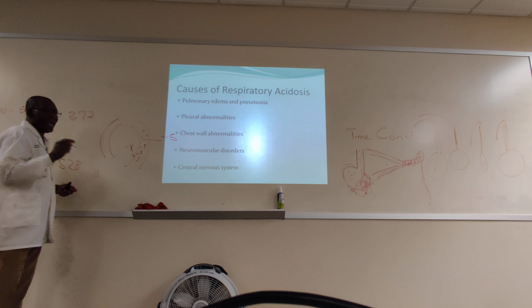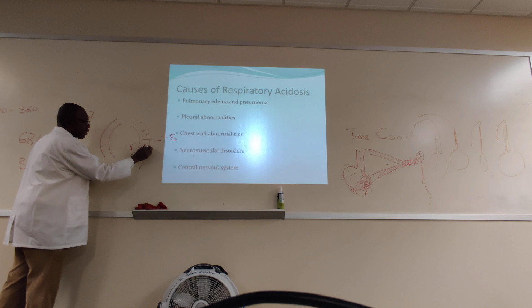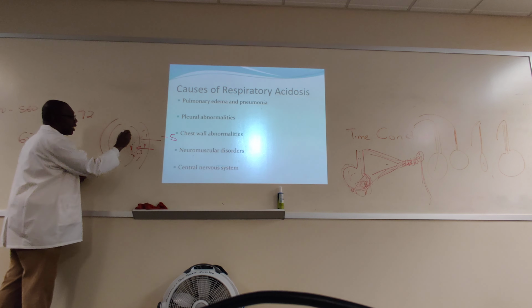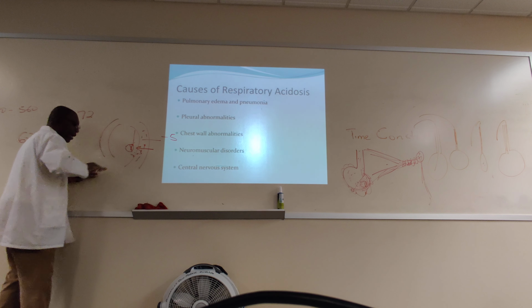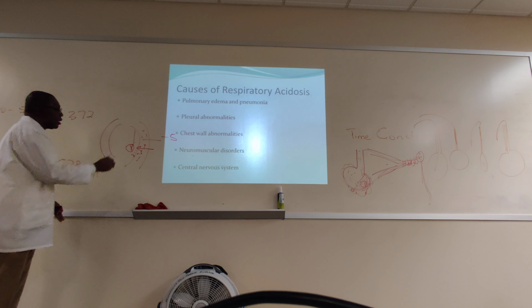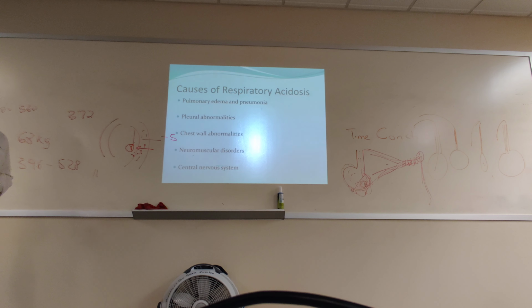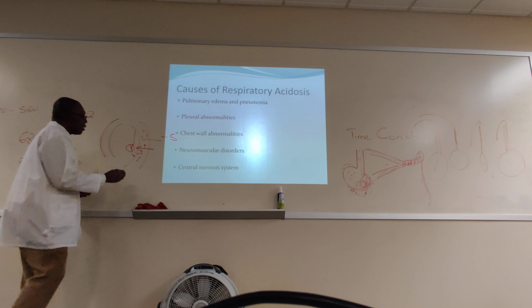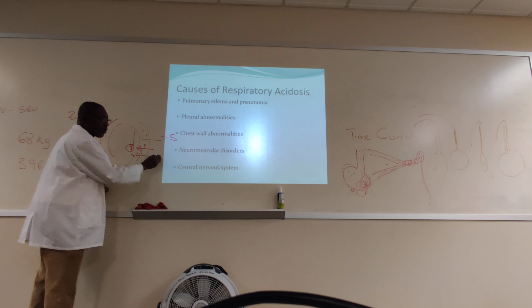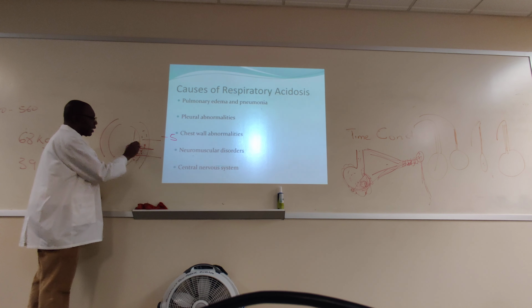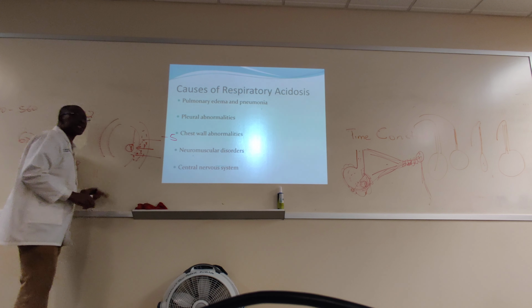So what you get there is you have this pressure now going this way, and here is a lung unit that is trying to expand that way. Well, it can't. It can't expand because there is an opposing pressure there. You have pleural effusion, fluid in here. The same thing.